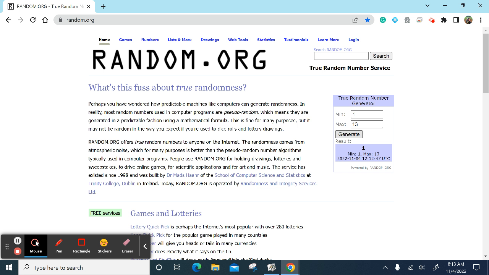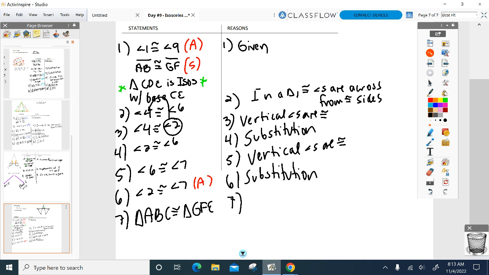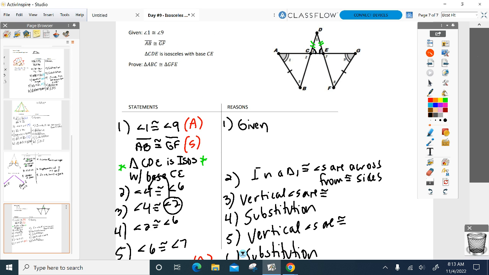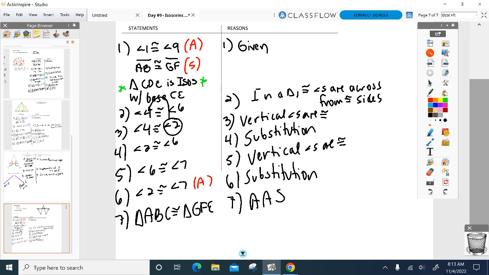Which method here? Is that side in between or not? Angle, angle, side. Angle, angle, side. That side's not in between. Good work.